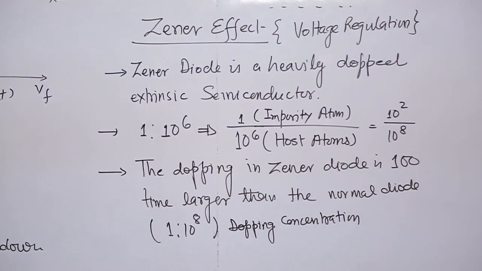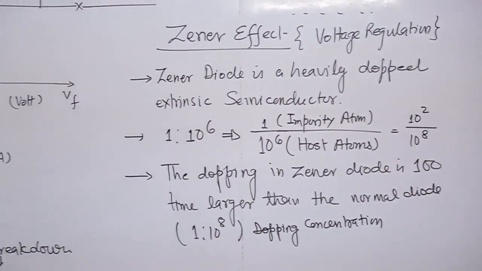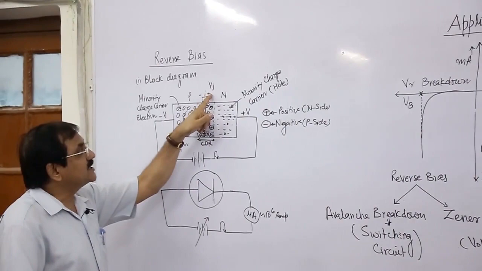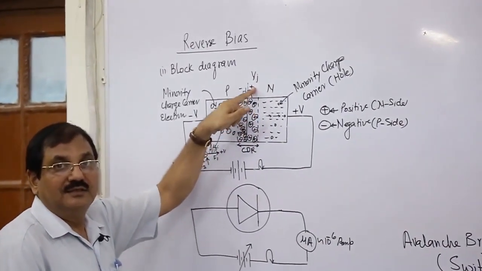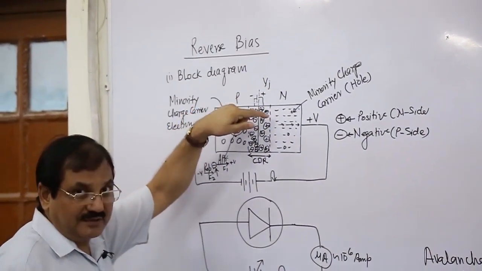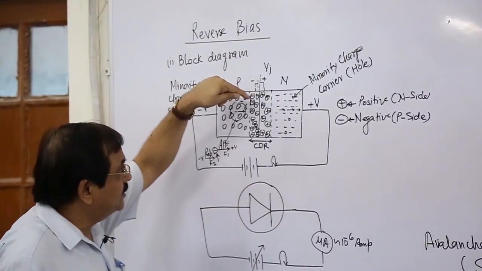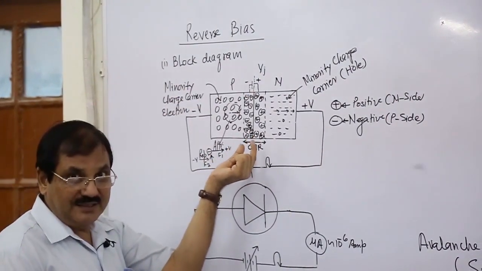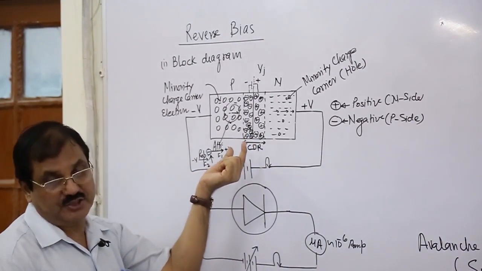The junction potential due to the diffusion will be confined in a very, very small region.